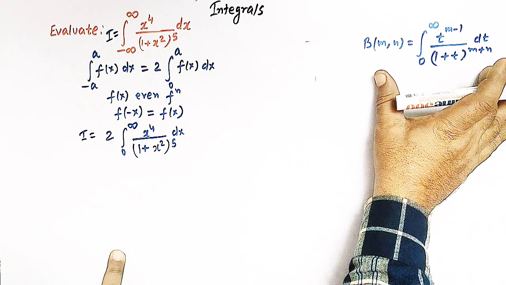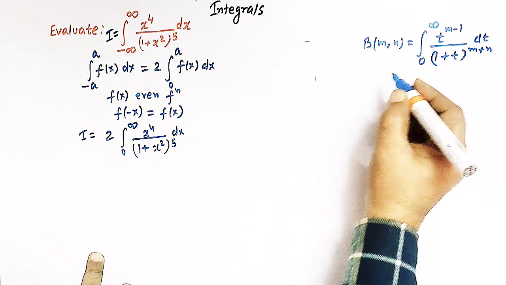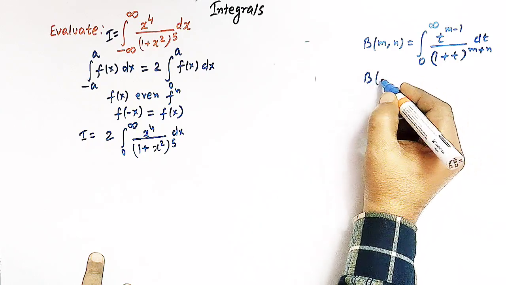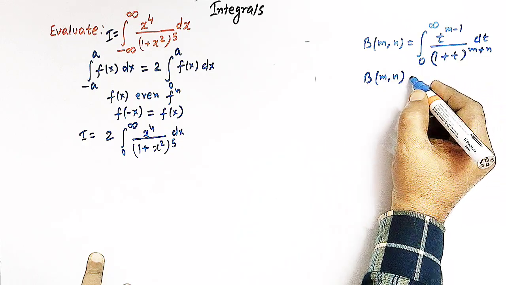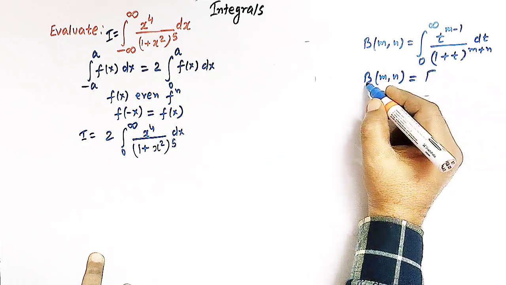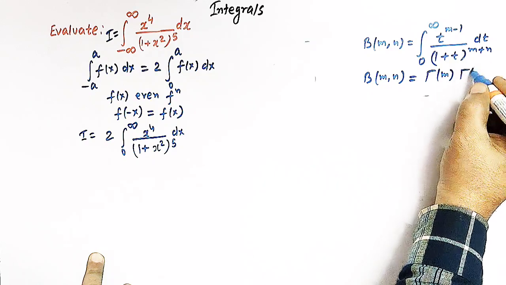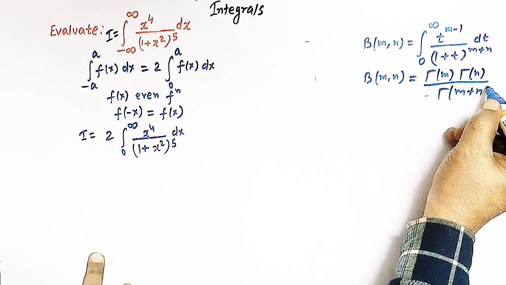This is the definition of the beta function. Moreover, we'll also utilize the result which connects the beta function and the gamma function, that is beta m comma n is given by gamma m gamma n divided by gamma m plus n.